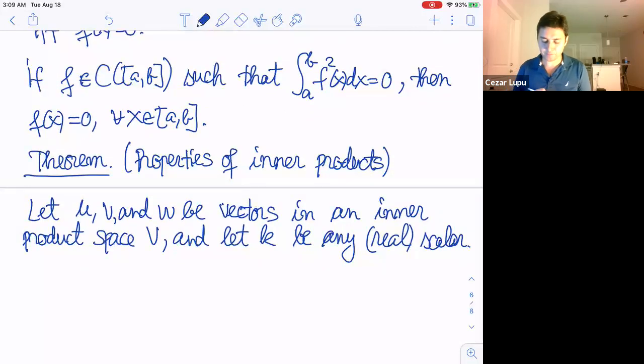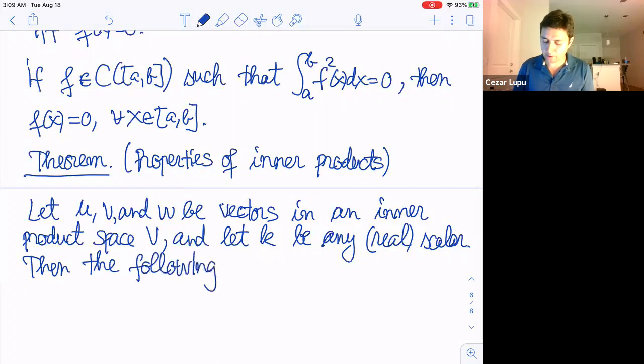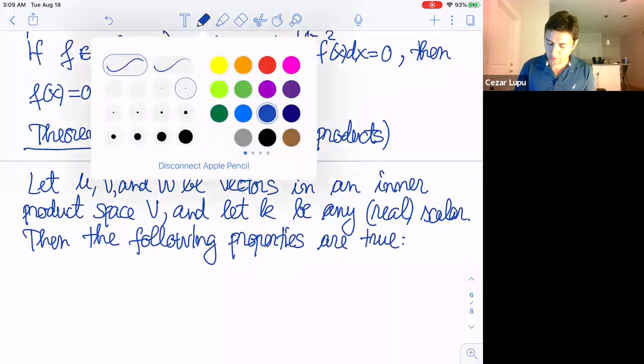Then the following properties are true. Let me write them in red.